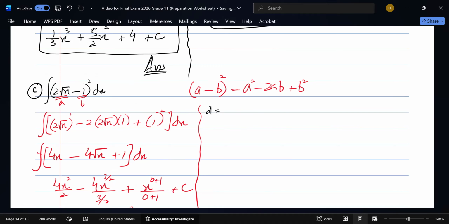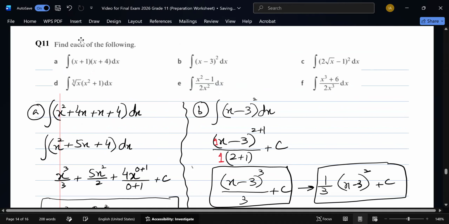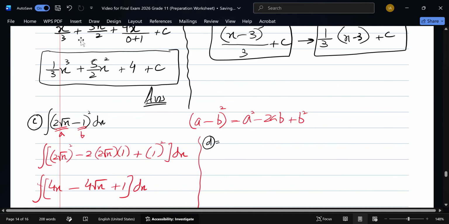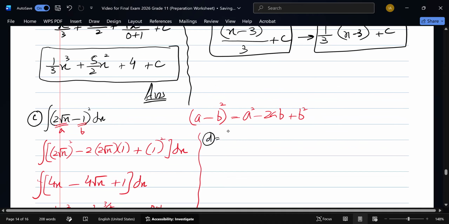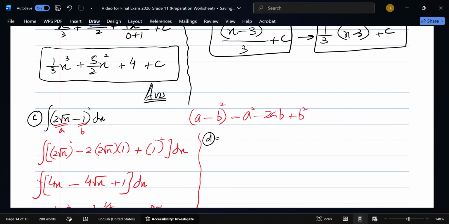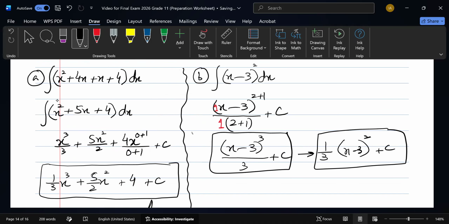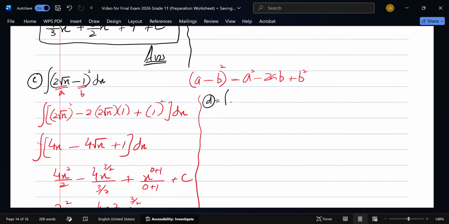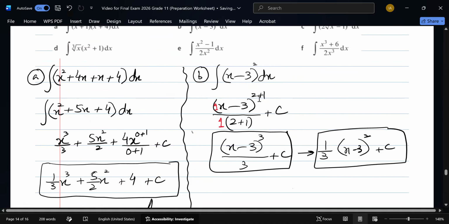Okay, let's take on part D. Yes, we are doing part D. So it says cube root x, this is cube root x squared plus 1.